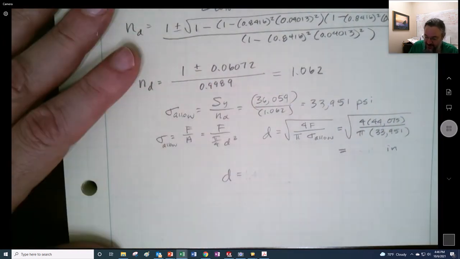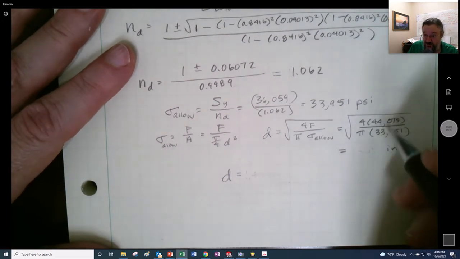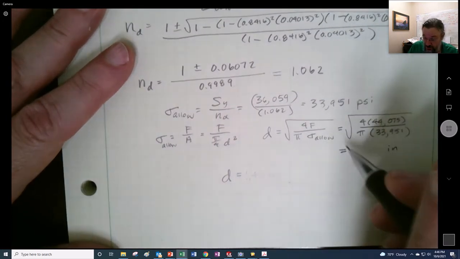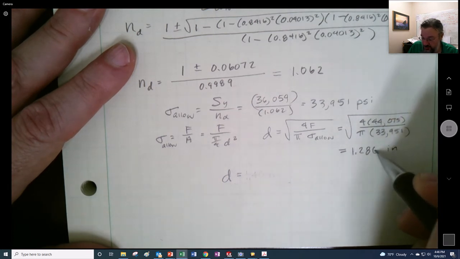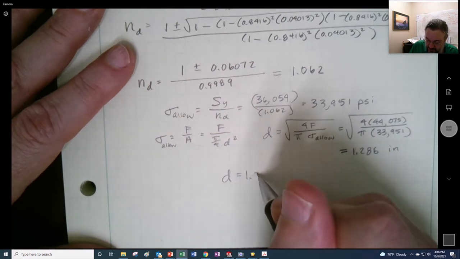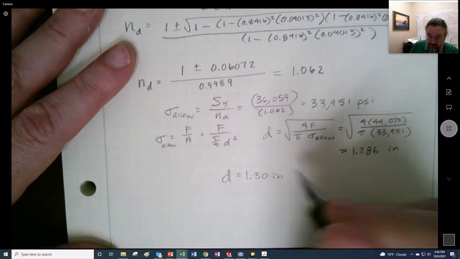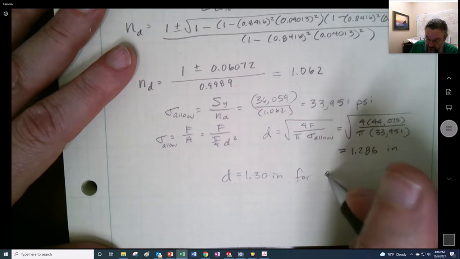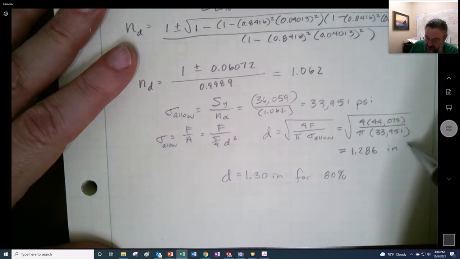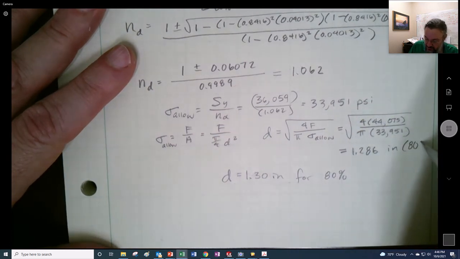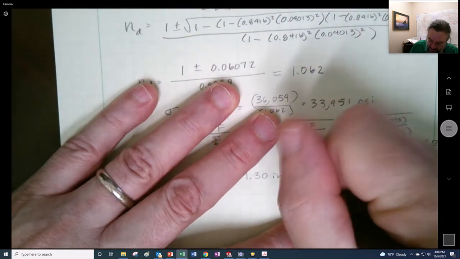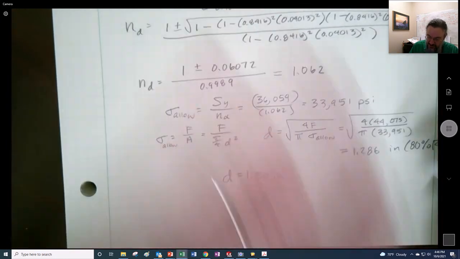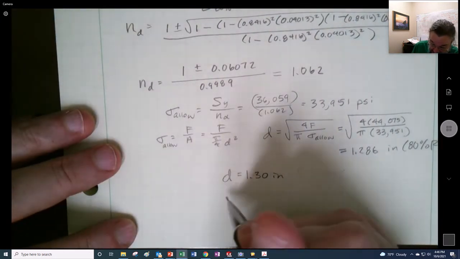That was for the 99% reliability. This is 80% reliability. That's why I have such a small value right here. If we stick this value in there, I think I get 1.286. And in that case, I'm going to go with 1.3 inches for 80% reliability, rounding up to the preferred size. So now I'm going to design for this.